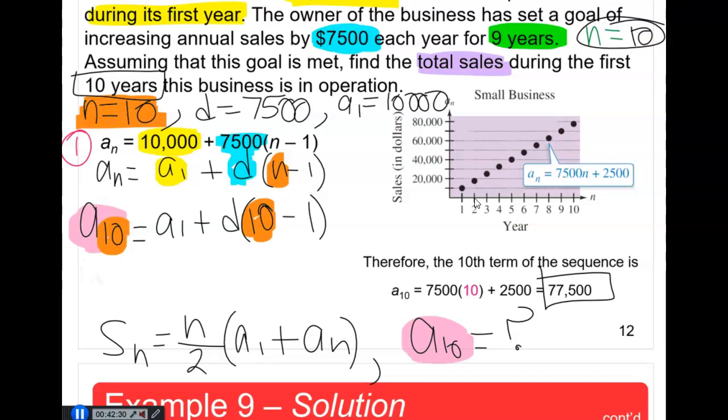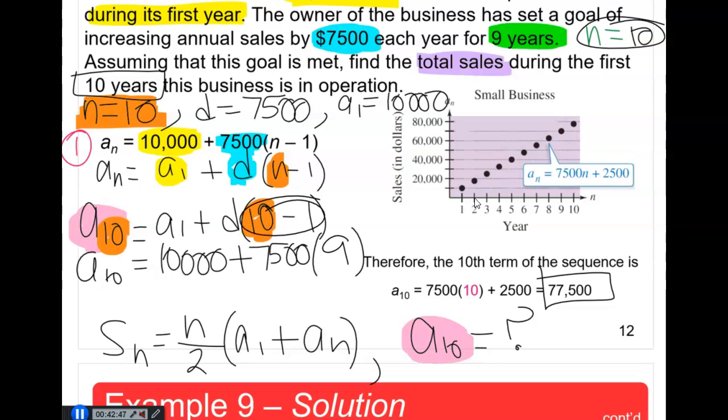We're looking for a sub 10. A sub 1 is 10,000 plus d, which is 7,500. And then, of course, here is a 9. And I mean, you can substitute everything at once. I just wanted to make it very clear why the number that we use is 9. Remember, it's n minus 1.